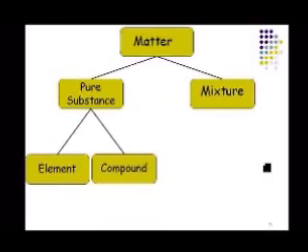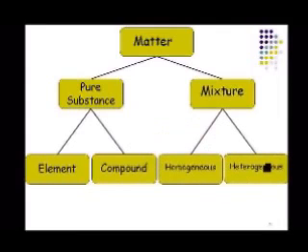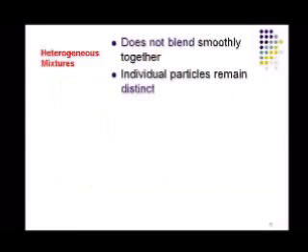So we have our two different types of pure substances, elements and compounds. Now let's look at the two different types of mixtures. These are homogeneous and heterogeneous. Heterogeneous mixtures, the parts of the mixture don't blend together.